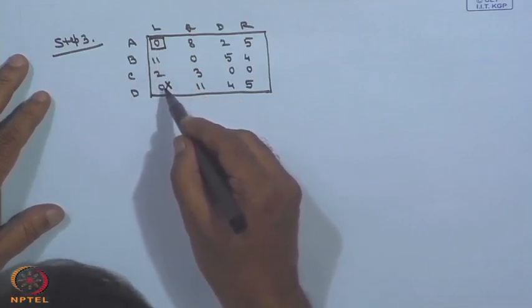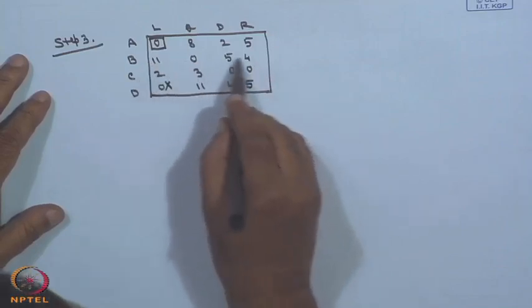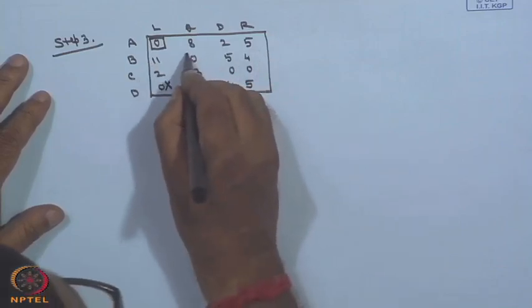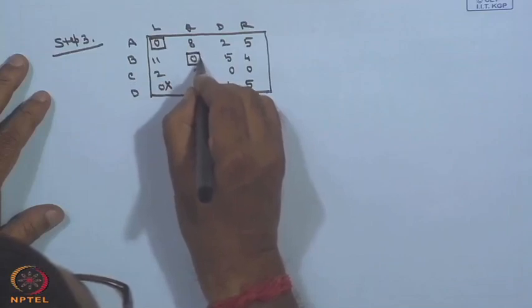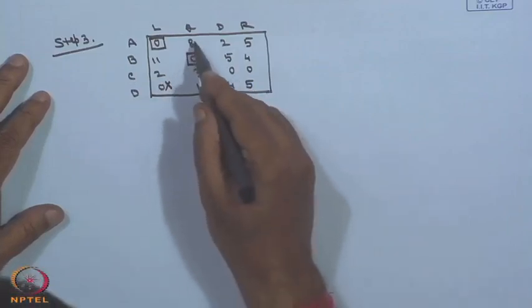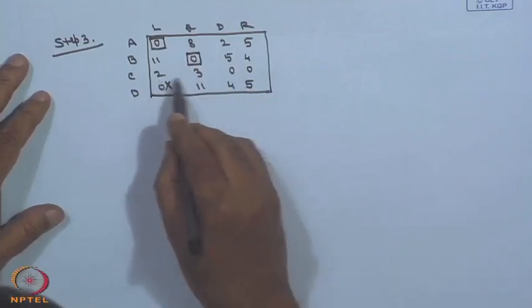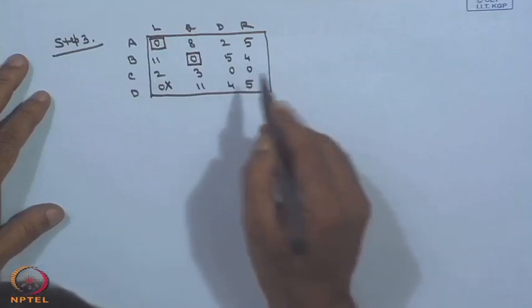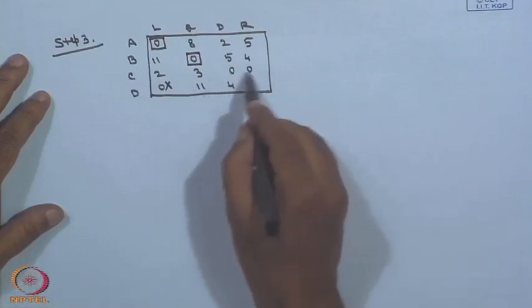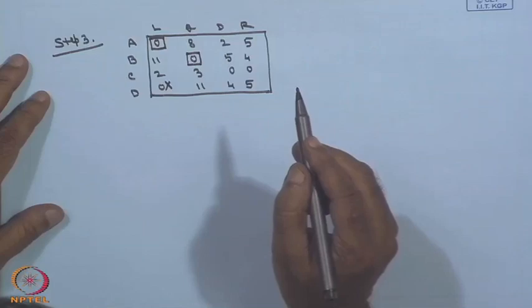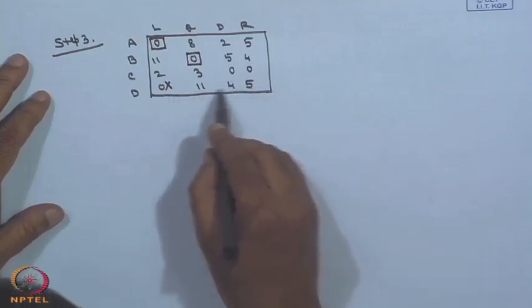So, I have crossed it. Then the second row has only 1 zero, so again I put it under a box; there is no other 0 in that column. In the third row, you have 2 zeros. Since we have 2 zeros, at present we will not do anything, and the fourth row has no 0.